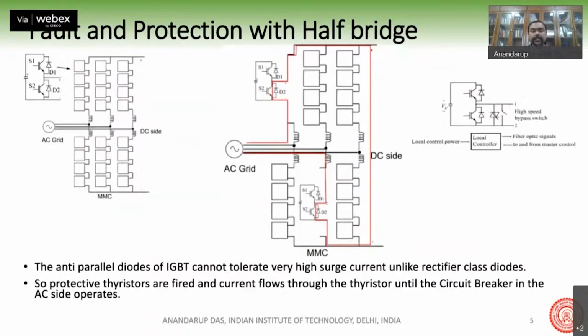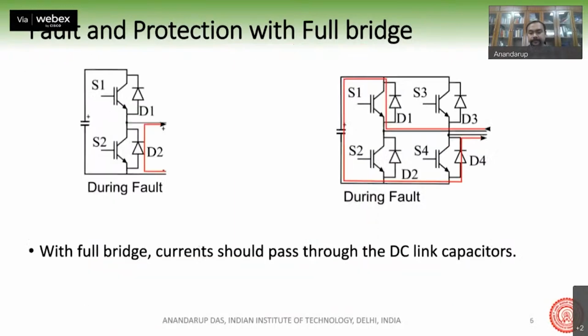But in the case of full bridge circuits, it is possible to limit the current, because in a full bridge the current will pass through the DC link capacitor. Once the DC link capacitor gets charged up to the peak of the AC voltage, the circuit will stop conducting on its own.